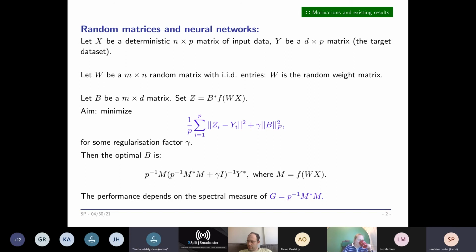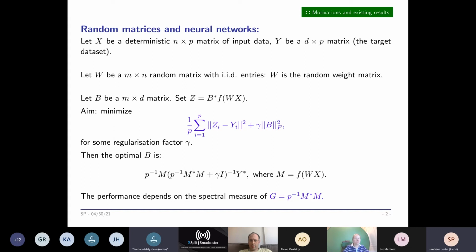And to understand how it works, we will now use the fact that the network widths may grow to infinity, or may be large enough so that random matrices can be of use in this theory.